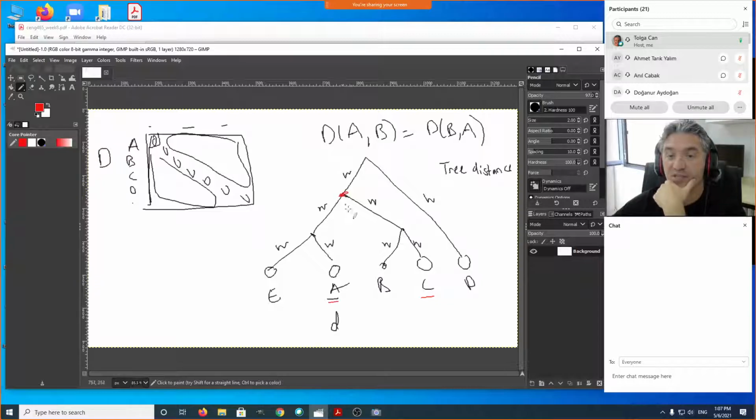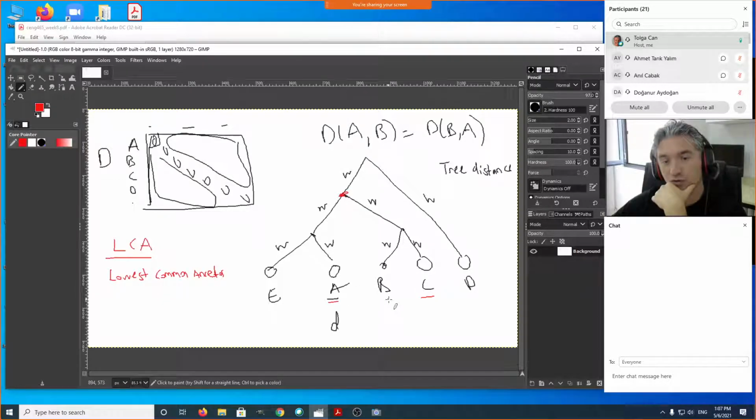For example, in competitive programming, there is this problem called LCA. LCA is an acronym for lowest common ancestor. It's an interesting computational problem too, if you're interested in this.